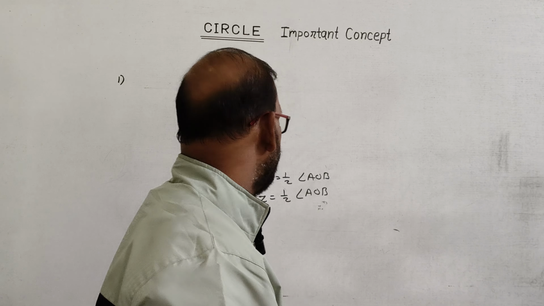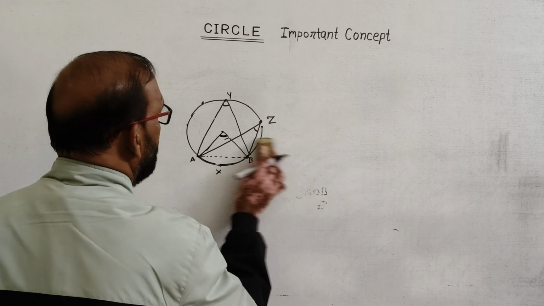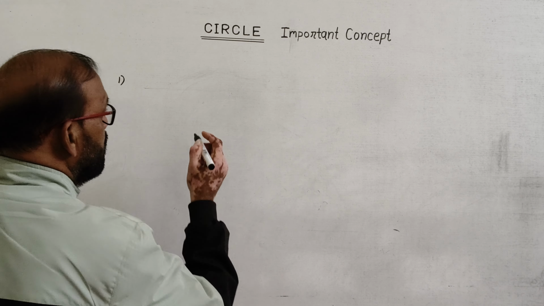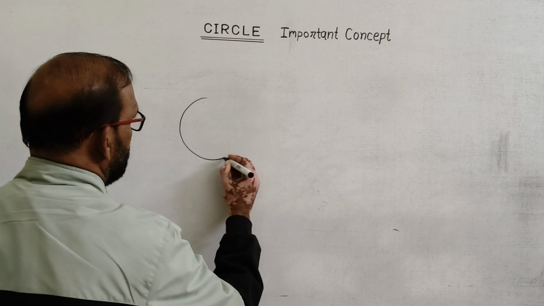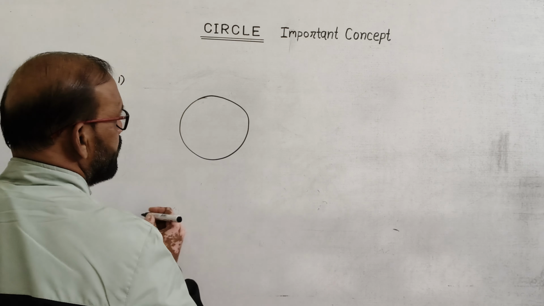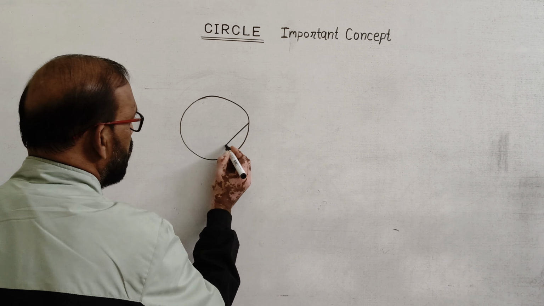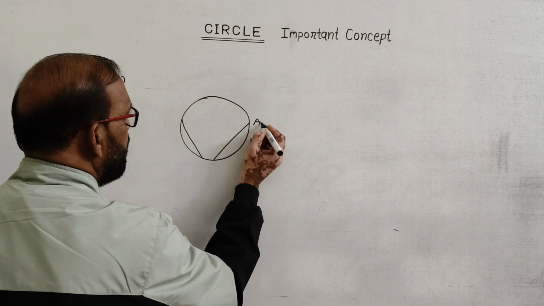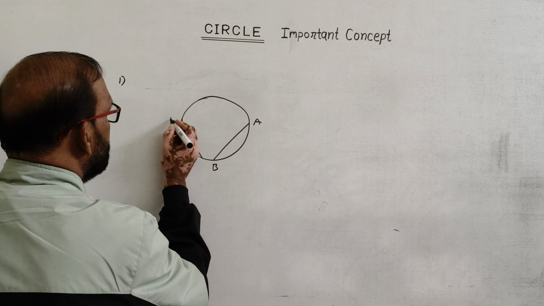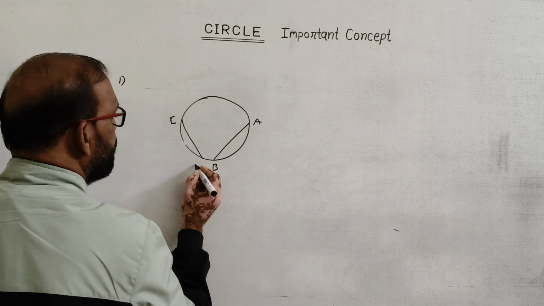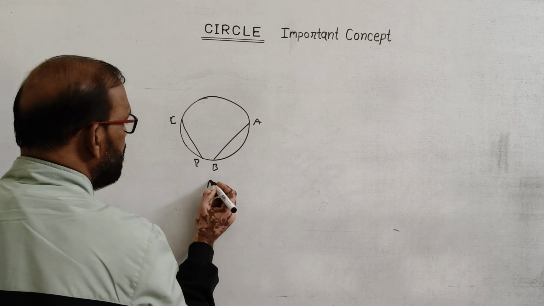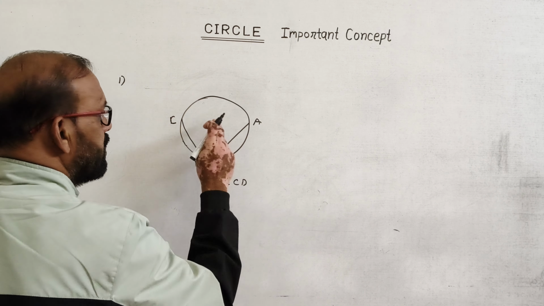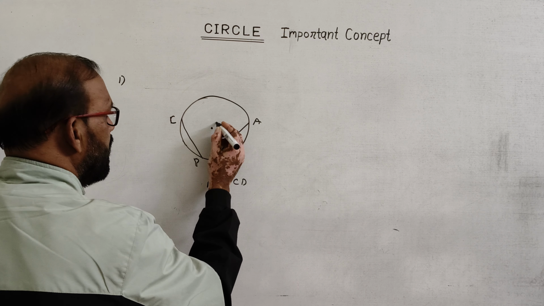Now the next one: think about two equal chords. This is a circle. This is chord AB and this one is chord CD. Clear? Now if AB is equal to CD, these two chords of the same circle with center O are equal in length.